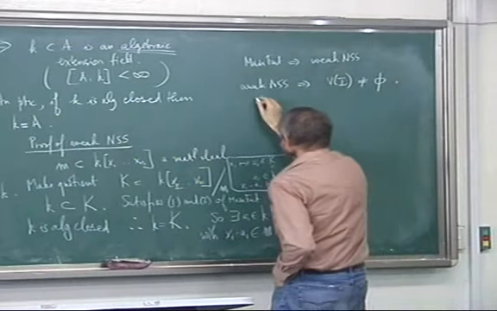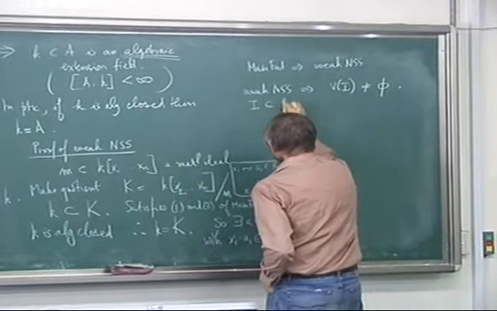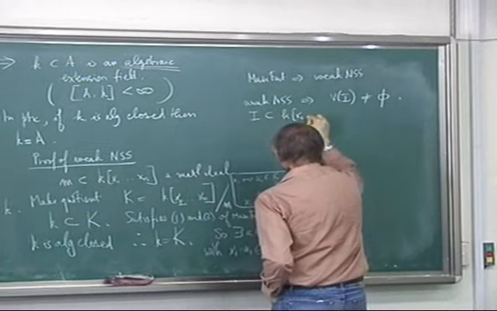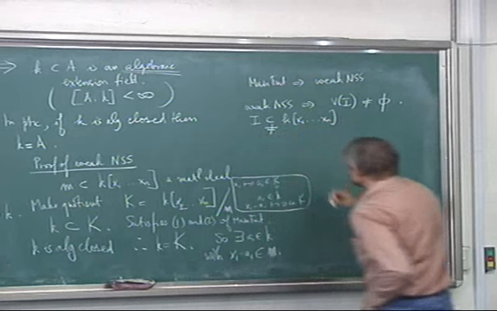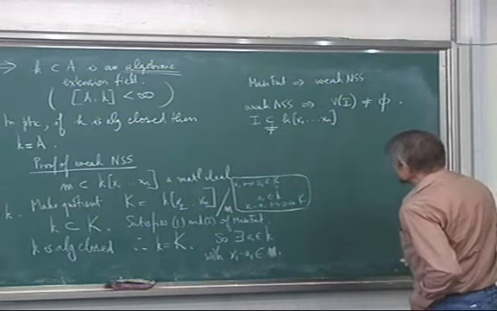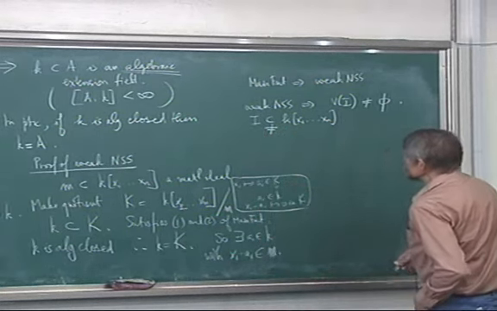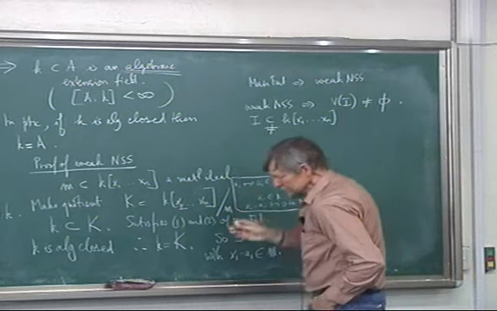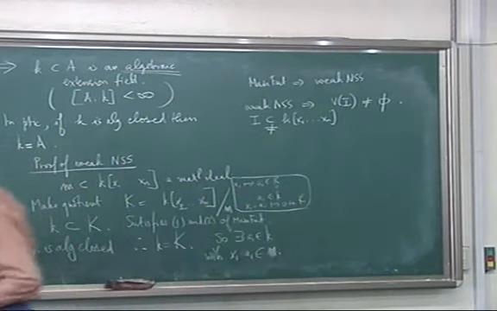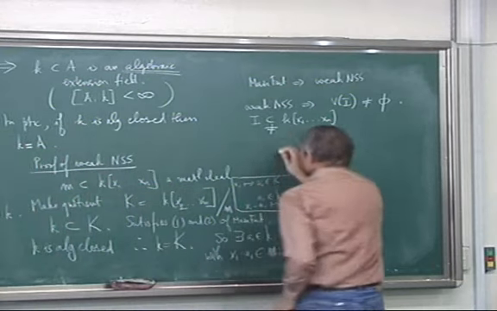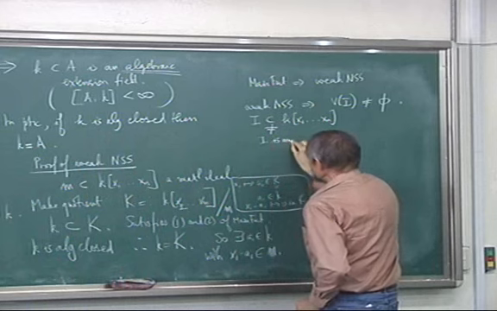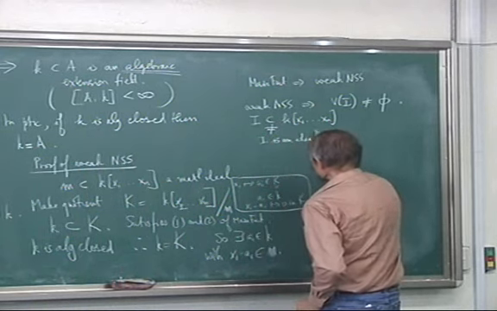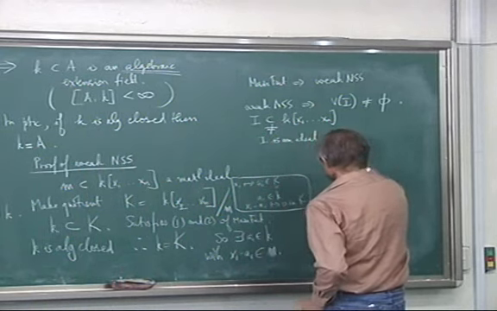So I've got I, an ideal in k of x1 up to xn. I'm assuming I is not equal to the whole ring. Now I pretend that I'm an algebraist, that I'm doing just algebra. Then I is an ideal, so it's contained in a maximal ideal.